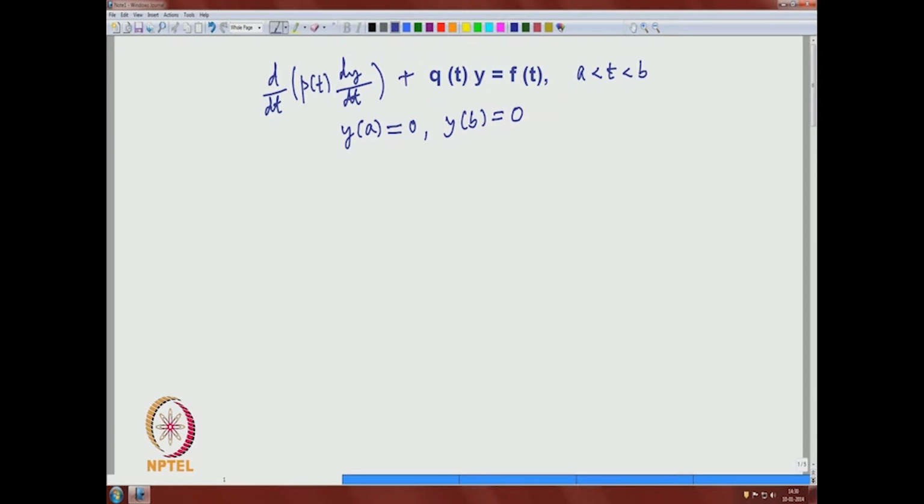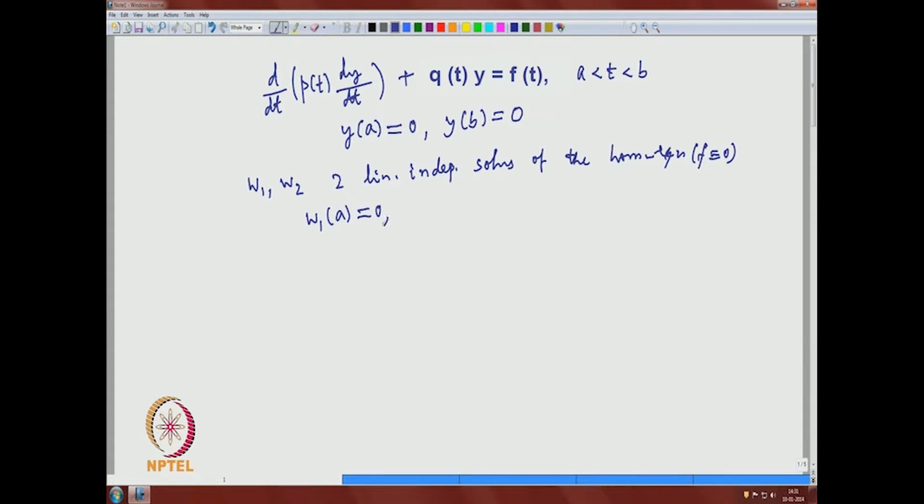So, let me recall the procedure we adopted to construct the Green function. We started with w1, w2, two linearly independent solutions of the homogeneous equation, that is f identically 0, and w1(a) equal to 0.